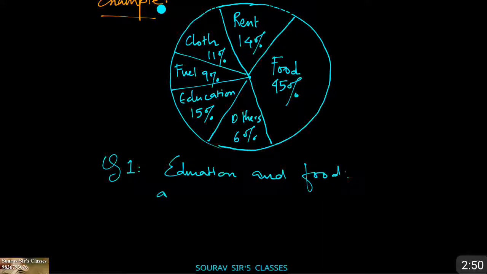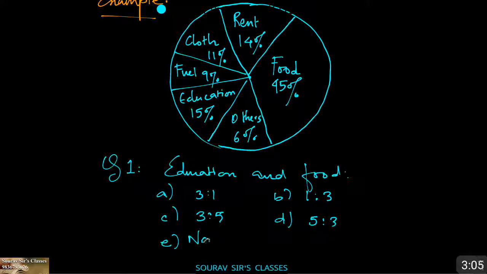And the options are 3:1, 1:3, 3:5, 5:3, and none of these. I repeat the question again.